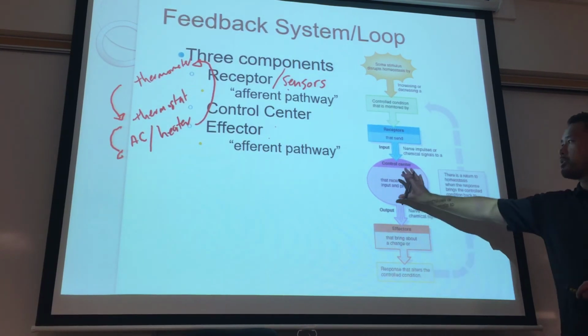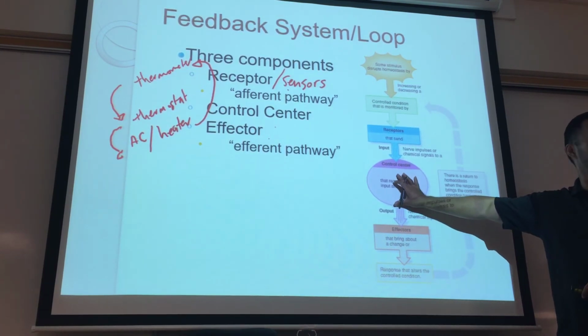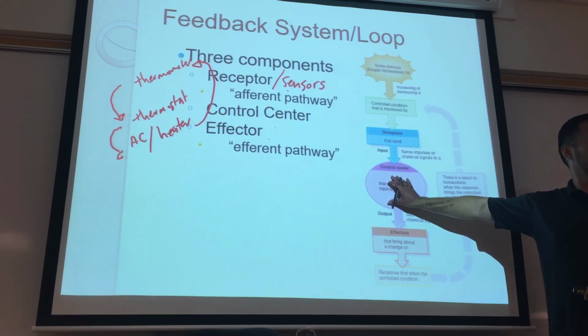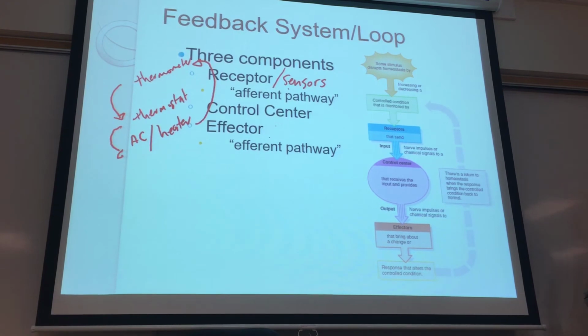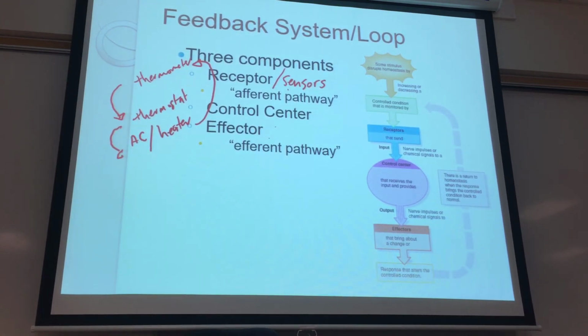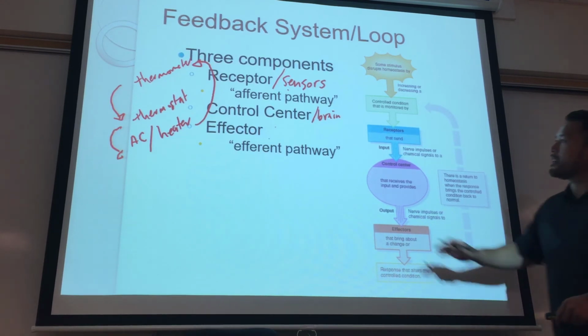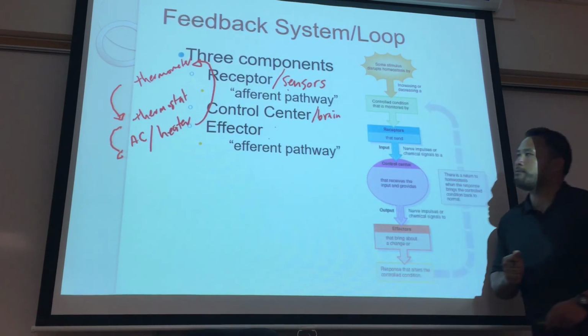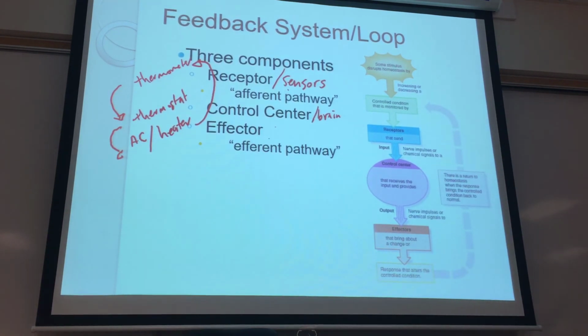And that control center, you can pretty much surmise, is either a bunch of clusters of nerves, or it could be the brain itself. So it sends that information over to the control center, which is going to be the brain, or nerves, or depending on spinal cord, or wherever we're looking at. And then it's going to send that information out to the effector. And the effector is, in this case, going to be the AC or the heater.